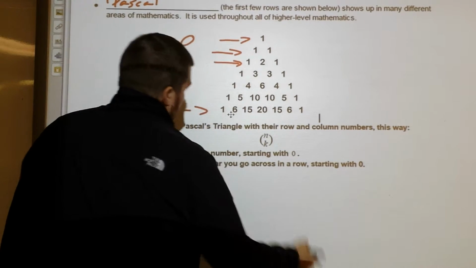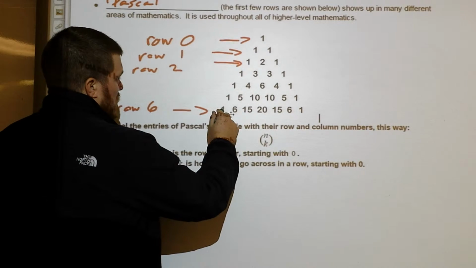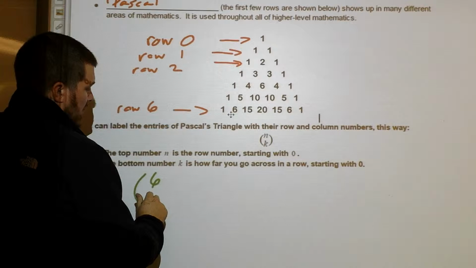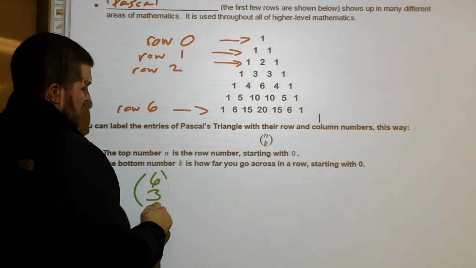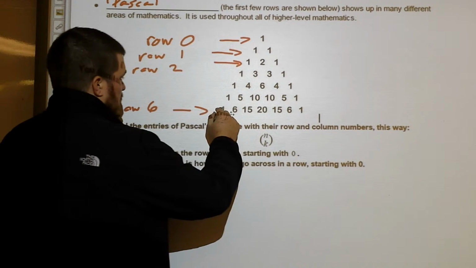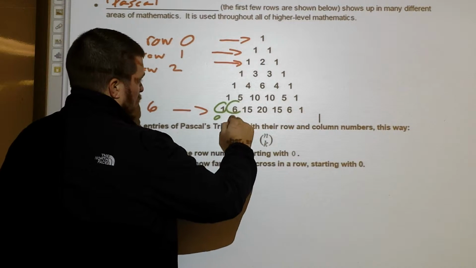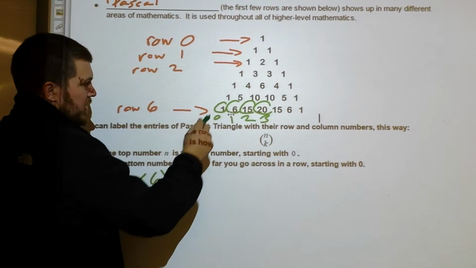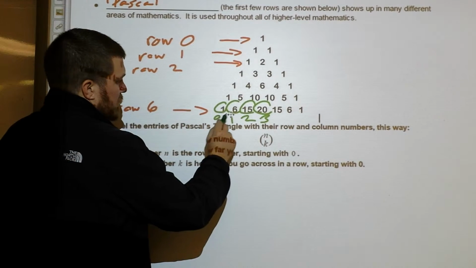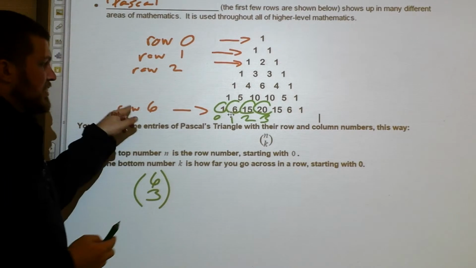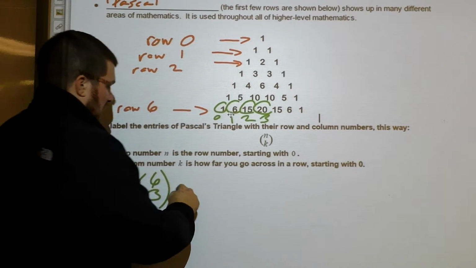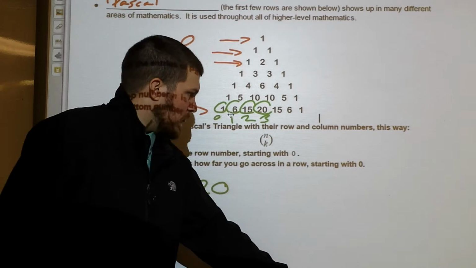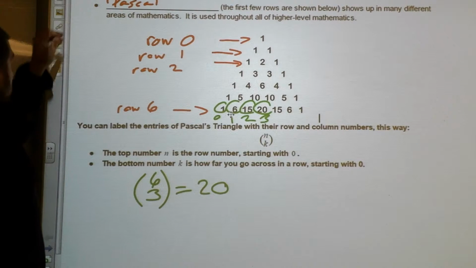So for instance, let's pretend we're in row 6, and I want to go 3 numbers deep. What I mean by deep is we start with 0. So 0 deep, 1 deep, 2 deep, 3 deep. It always starts with 0. So I'm in the 6th row, 3 deep. So that value would be 20. Doesn't seem too hard.